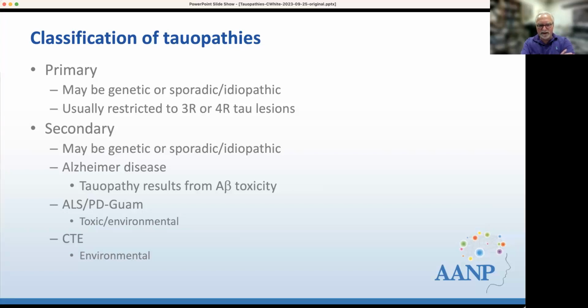Another example of a secondary tauopathy is the ALS Parkinson disease complex on Guam, which is considered a toxic or environmental disorder secondary to the ingestion of toxic moieties from the cycad plant. And CTE, or chronic traumatic encephalopathy, being ascribed to repetitive bouts of head trauma, is also considered a secondary, aka environmental tauopathy.